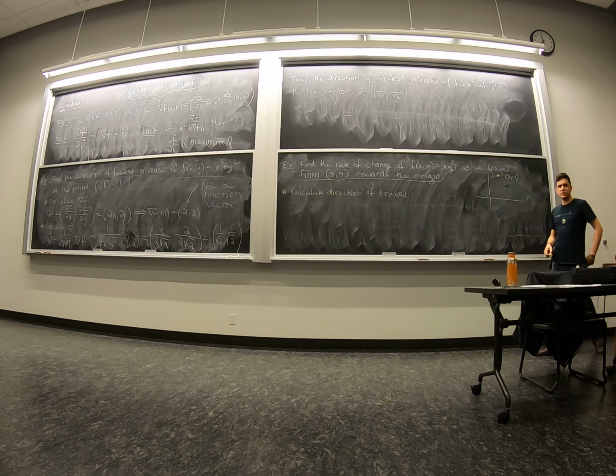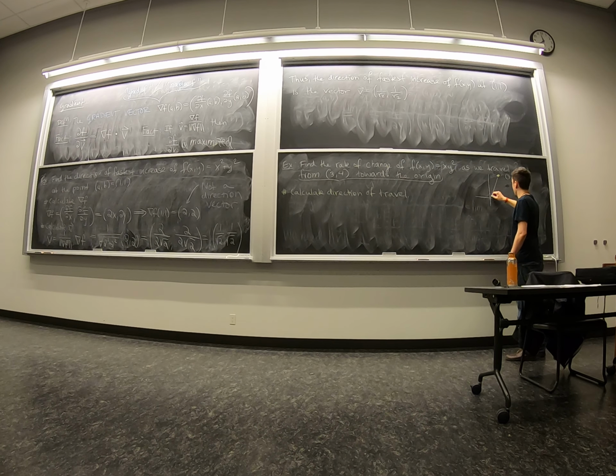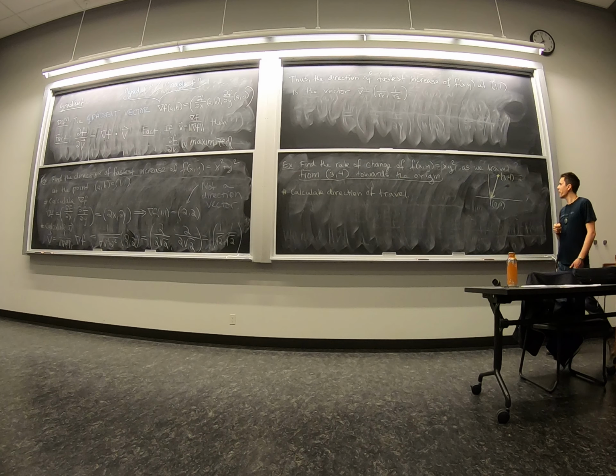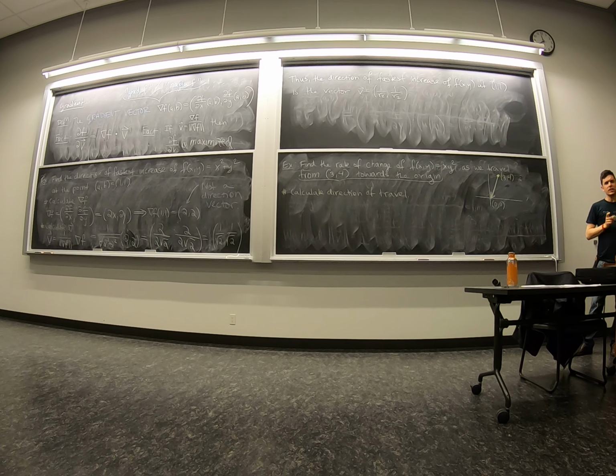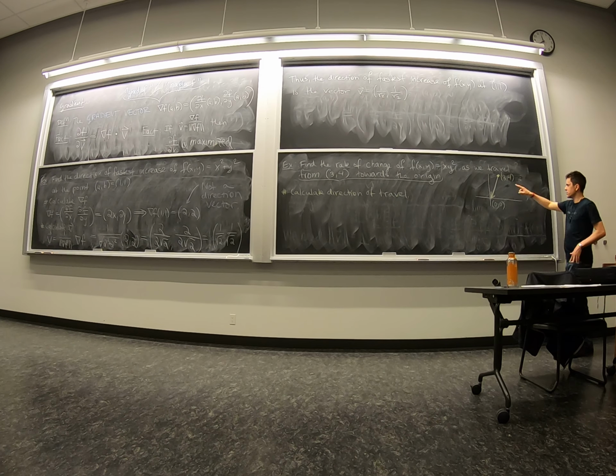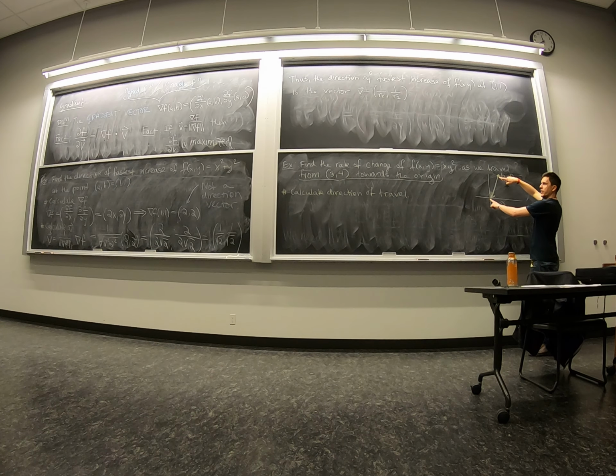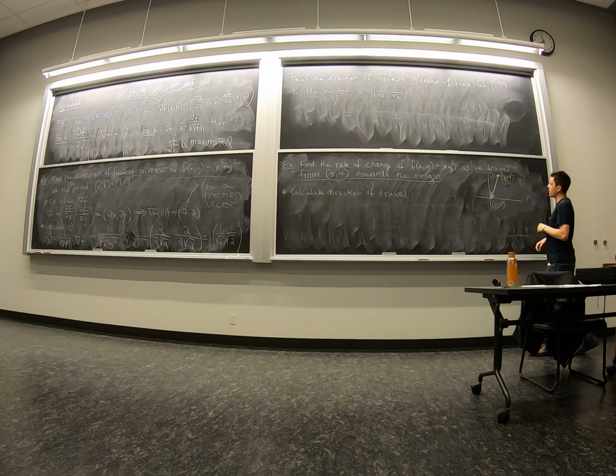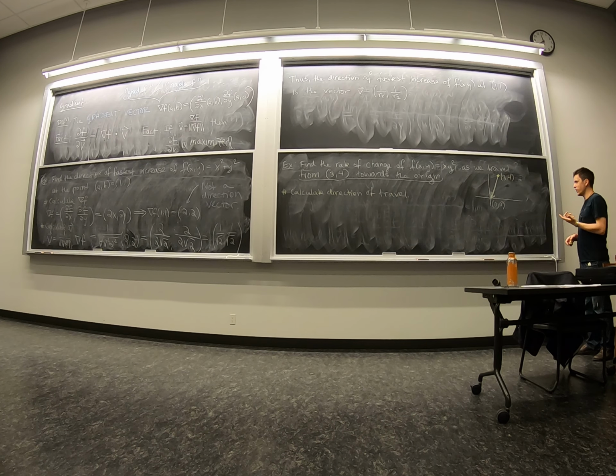So there's our point 3, 4, and we want to go from this point to the origin. Now that's not a unit vector. It's quite long. It's got length 5.